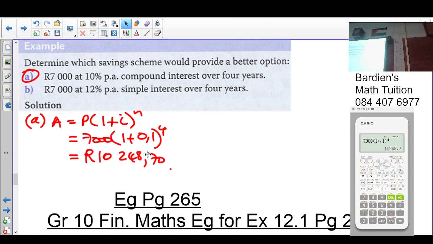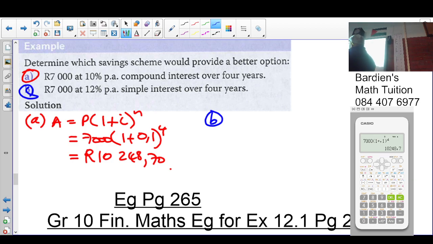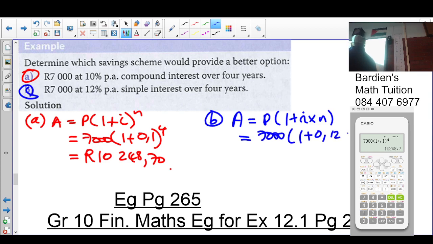Okay. Let's look at B. For B, we are told 7,000 rand and 12% simple interest over a period of 4 years. Simple interest formula. A is equal to P into 1 plus I times n. So your P value, of course, is 7,000 rand into 1 plus 0.12 times 4 years.